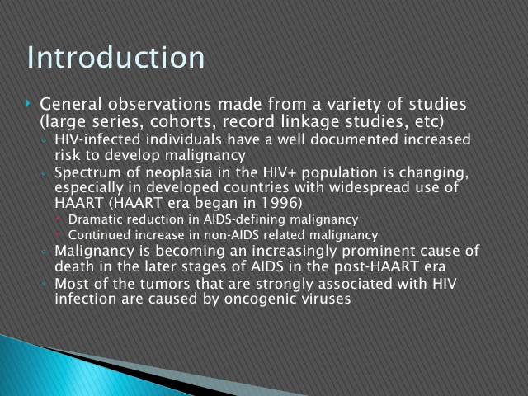So overall generalizations that we can make are that there's a dramatic reduction in AIDS-defining malignancy, and there's an overall increase in the non-AIDS-defining HIV-related malignancies. So we'll talk about those. We also know now that malignancy is becoming an increasingly important cause of death in this population, and most of these tumors are associated with oncogenic viruses.